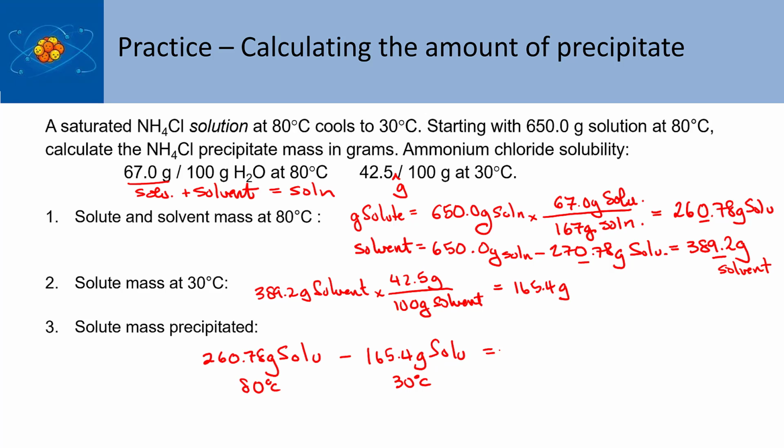And that tells me what precipitates from solution is 95.36 grams. In terms of sig figs, I'm still at this place here. So this is what precipitates out of solution, grams of solute: 95 grams, rounding to 2 sig figs.